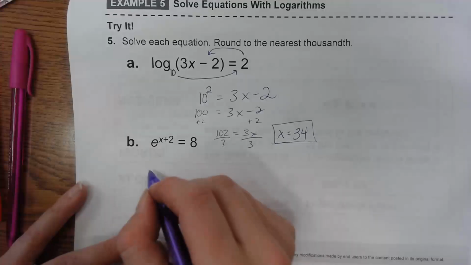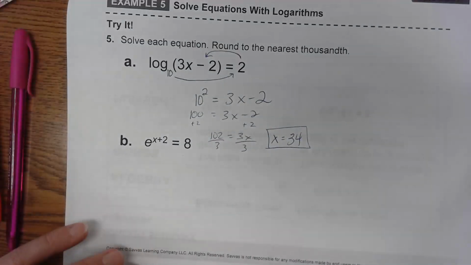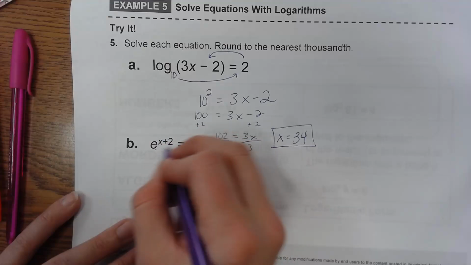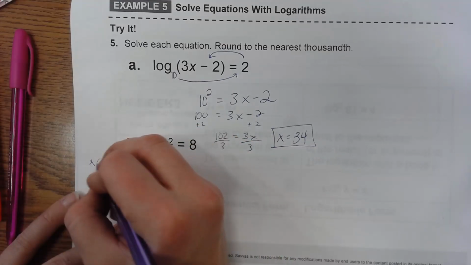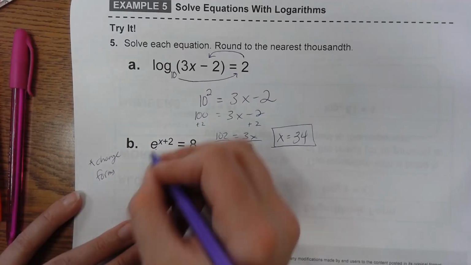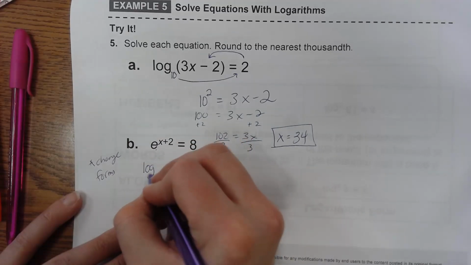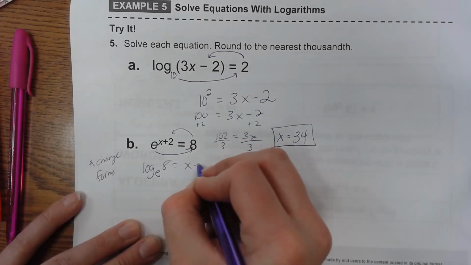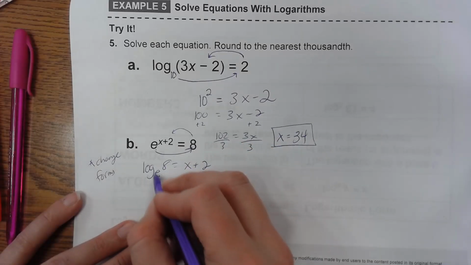Now this one I understand if you didn't quite remember. If x is in the exponent, I need to change forms, which has a base e. So if I wanted to, I could go log base e of 8 equals x plus 2. But remembering, what is log base e?